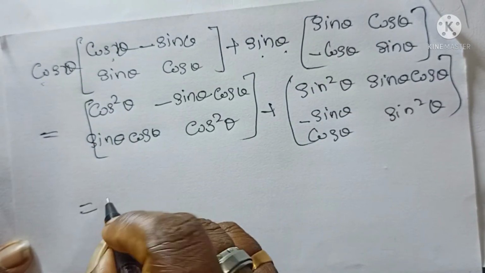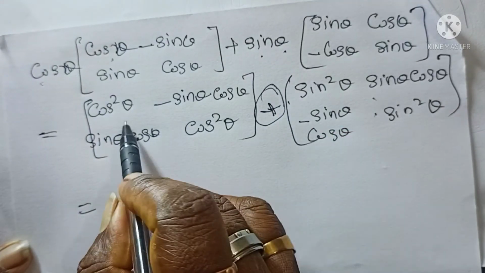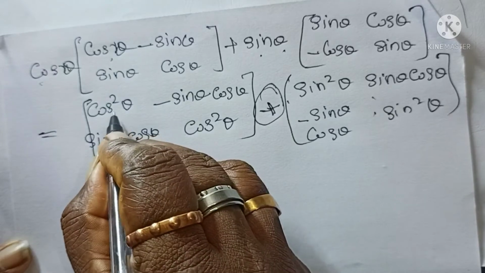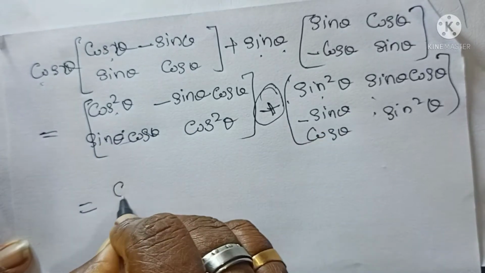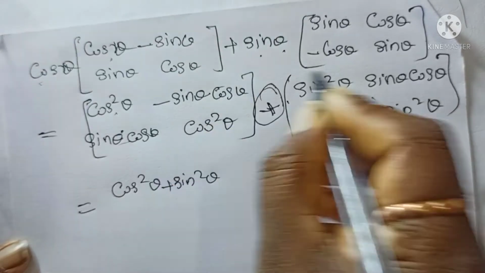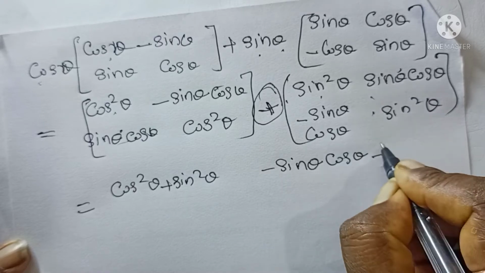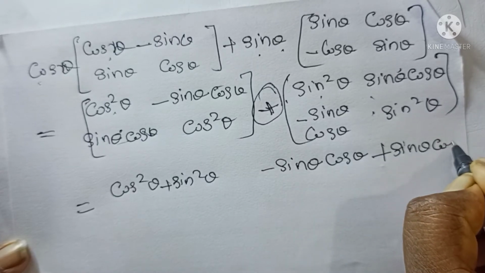Which is equal to, then you have to add this one. Here plus sign is there, correct? So we have to add the corresponding elements. So cos square theta plus sin square theta. Here minus sin theta cos theta plus sin theta cos theta.